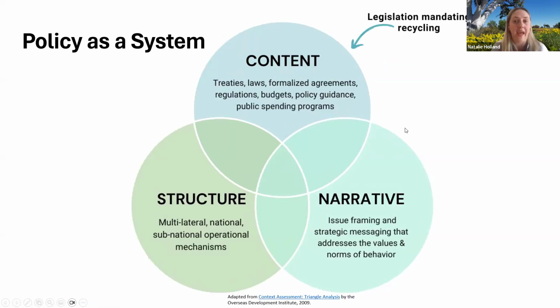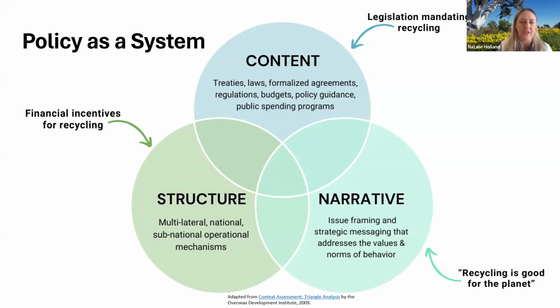We may be working to achieve legislation that mandates recycling, but we also need financial incentives and mechanisms for actually undertaking the recycling. And then we may want to achieve the narrative that recycling is good for the planet, in order to reinforce the need for legislation and why people need the financial incentives to actually undertake the recycling.